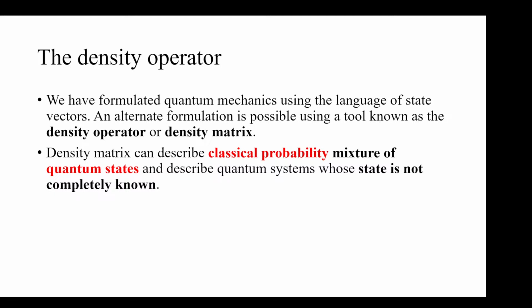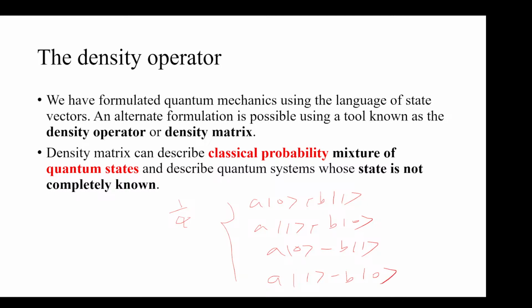Bob holds, with 1/4 probability each, the state A0 plus B1, or A1 plus B0, or A0 minus B1, or the last one, I think, A1 minus B0. But anyway, Bob is going to hold this weird state.